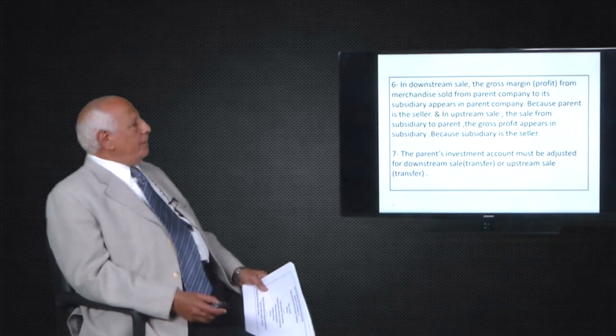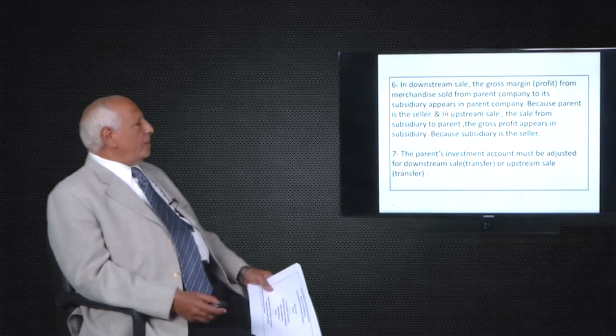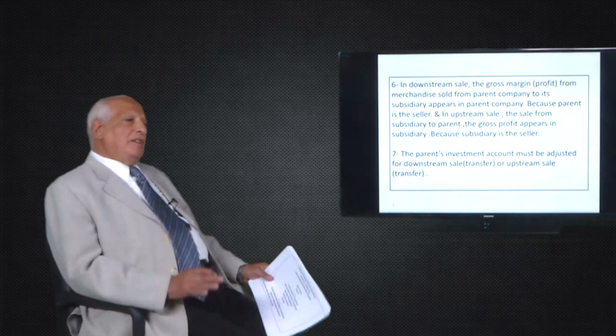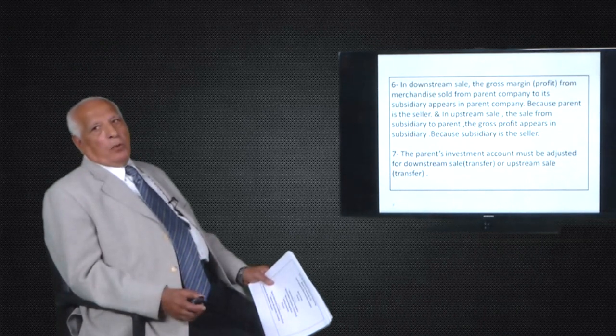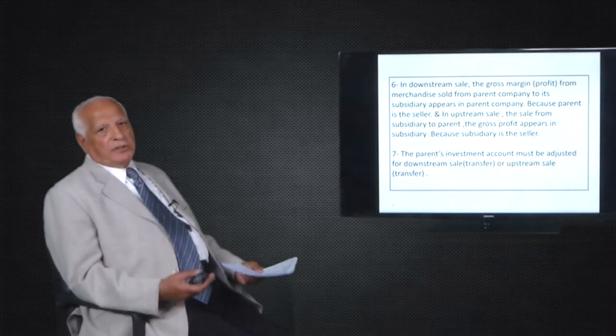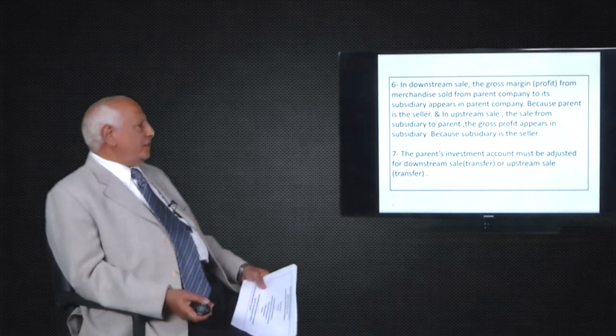In an upstream sale, the sale from sub to parent, the gross profit or gross margin of selling the merchandise appears in the subsidiary because the sub is the seller. You have to know who's the buyer and who's the seller. That's very, very important with journal entries and any other question. You have to know how to distinguish between upstream and downstream sales.